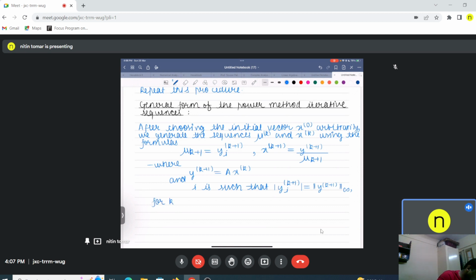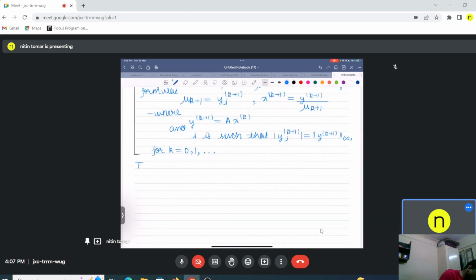So for k going from 0, 1 and so on and so forth. So this is precisely the general form. Now this iterative procedure is called the power method. So we'll see examples soon.